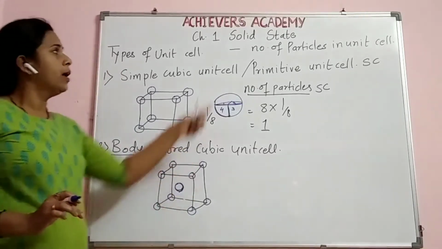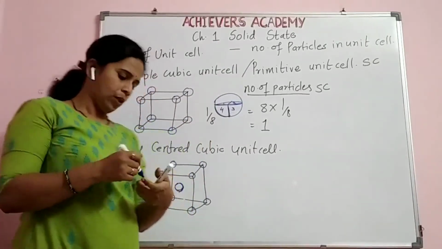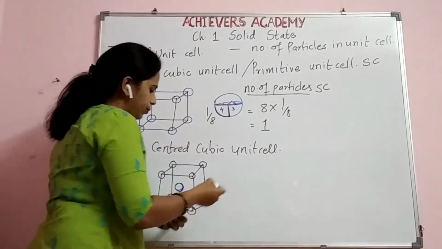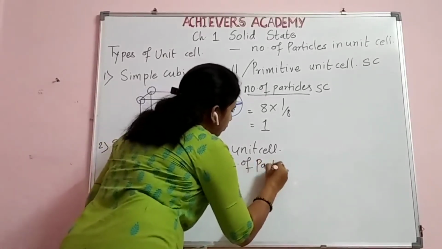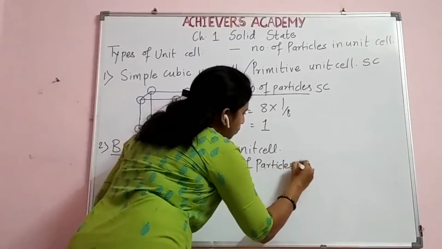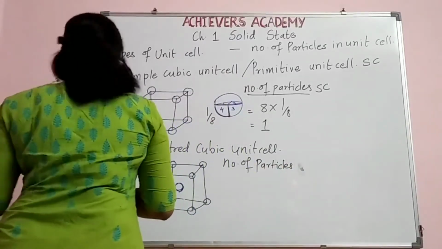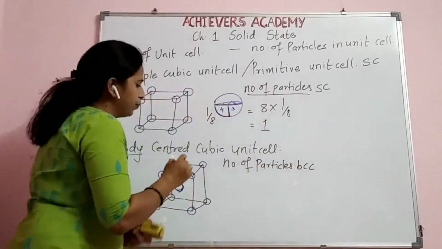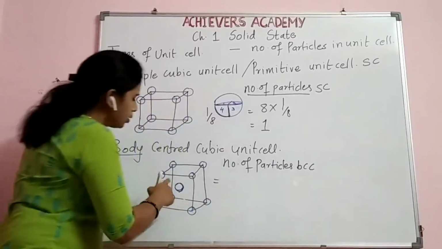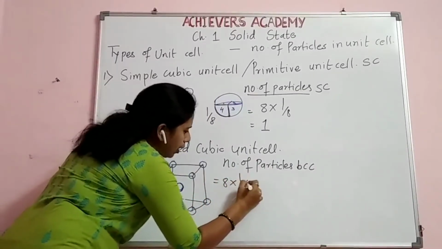Now let's calculate the number of particles present in the body centered cubic unit cell. Number of particles in the BCC unit cell is, first you can see there are 8 particles at 8 corners.